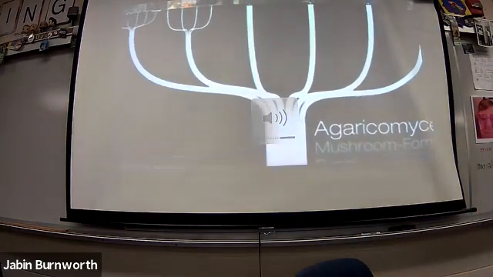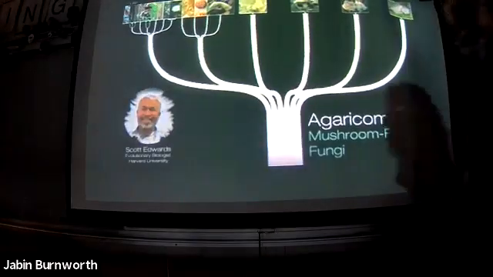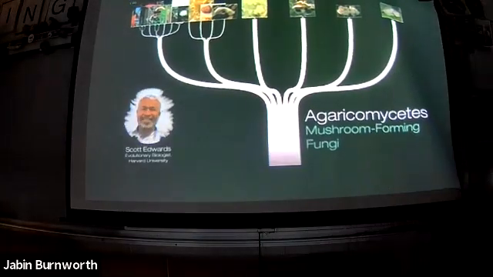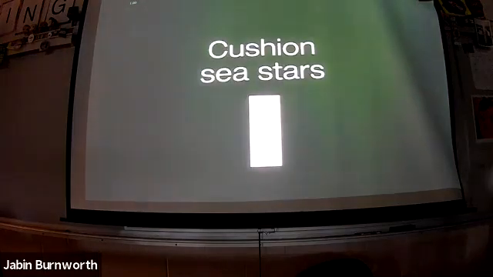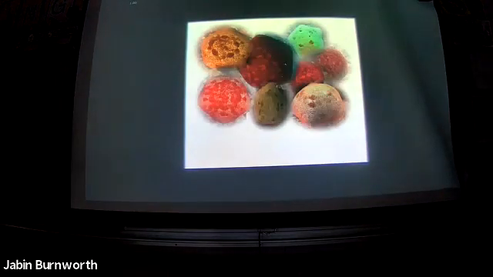An evolutionary phylogenetic tree is a depiction of how different species are related to each other. We'll start with just one branch, which represents a single species, like cushion sea stars or human beings. The top of that branch contains all the individual organisms of that species, so all people or all cushion sea stars.